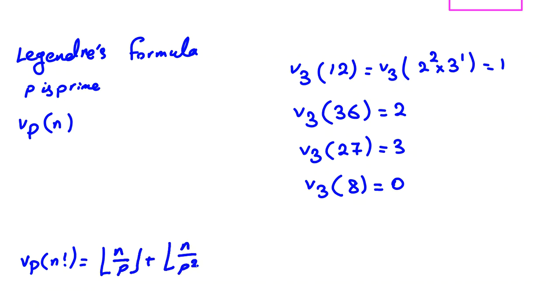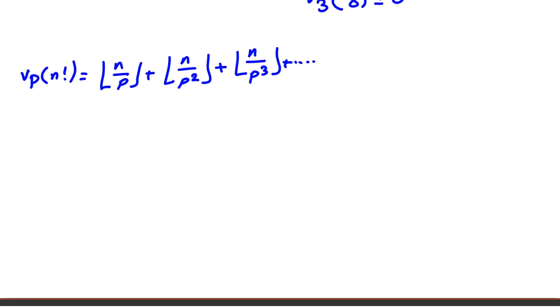Now, I want to say Vp of n factorial equals floor of n over p plus floor of n over p squared plus floor of n over p cubed, and so on. Let me tell you the reason. When we say n factorial, it is 1 times 2 times 3 times up to n. When we say n over p, we are counting only multiples of p.